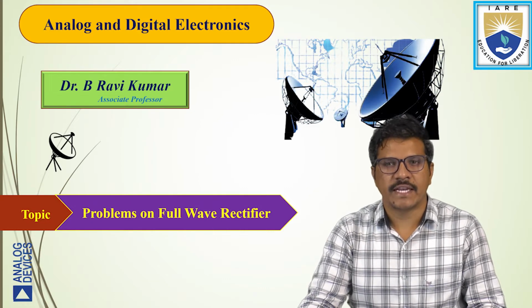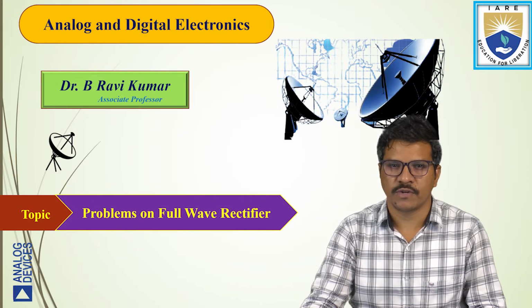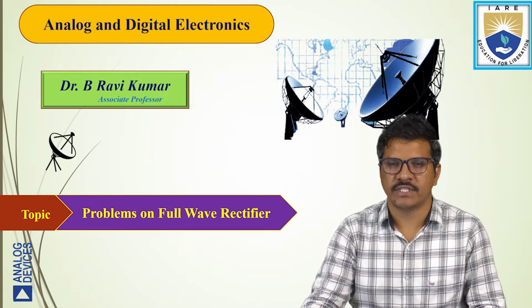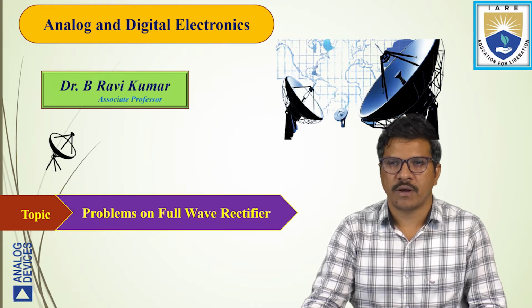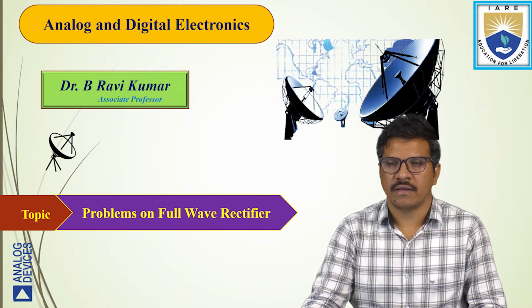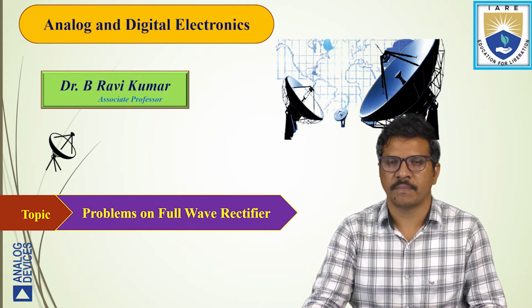We know that basically a rectifier is an electronic circuit which converts AC input signal into pulsating DC output signal. In the practice problems on full wave rectifier, they have given the complete FWR circuit and some parameters.